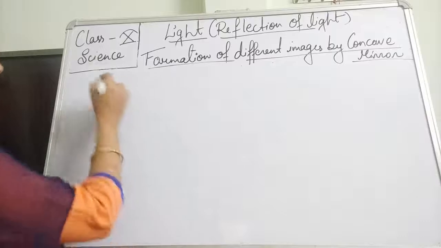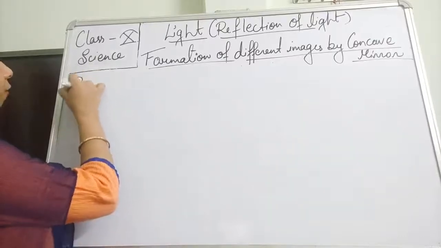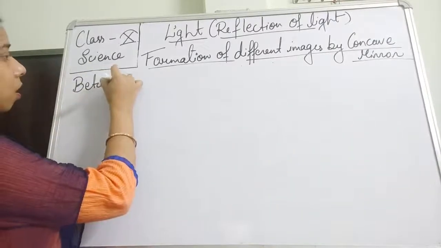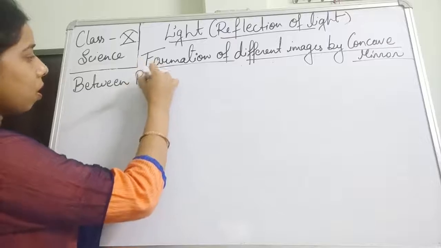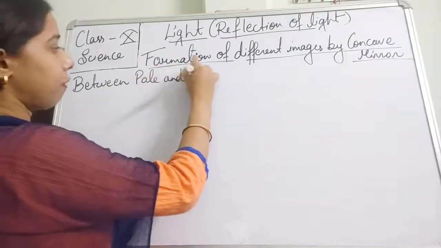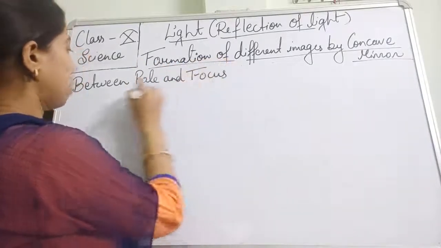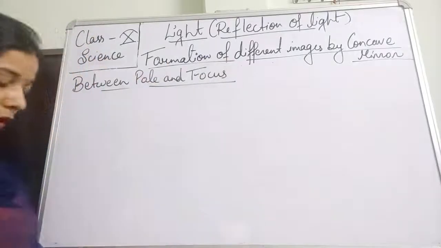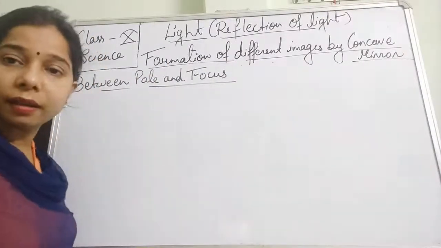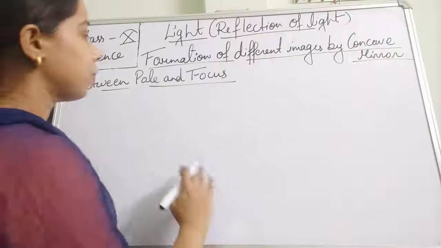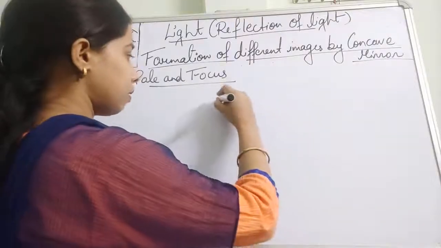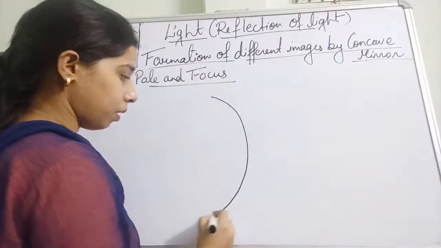So, first condition is between pole and focus. For that, let us draw a ray diagram. Suppose, students, this is the concave mirror.